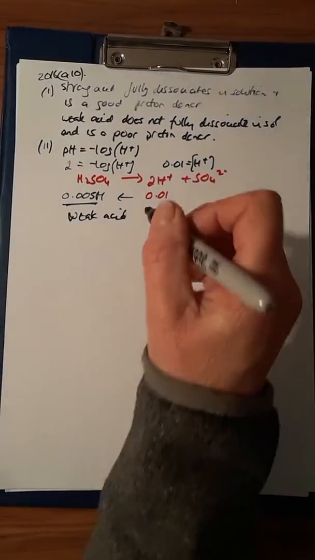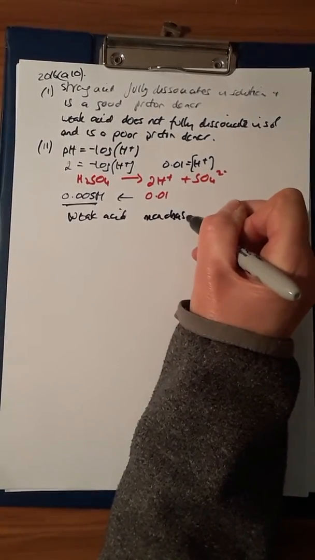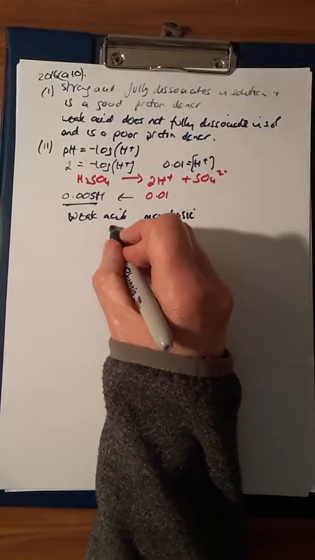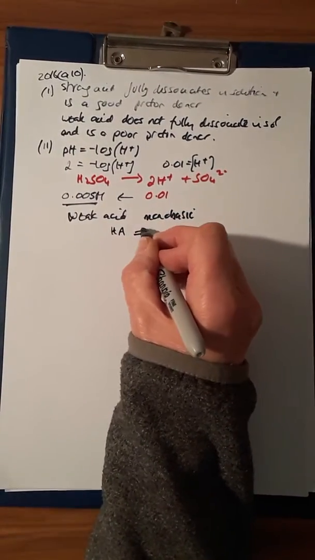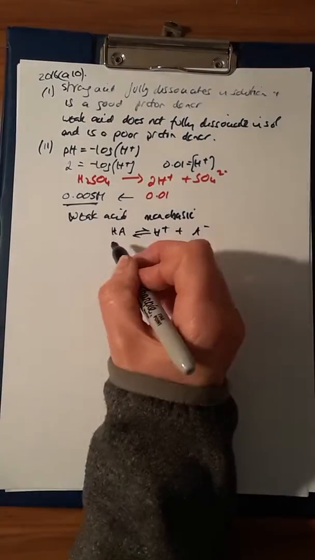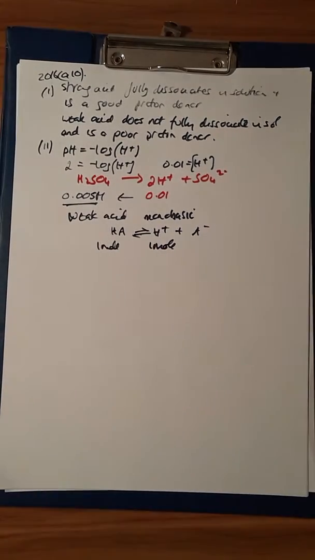I'm going to pay attention to the fact that they told me it was a monobasic acid. That means only one H plus is donated. So for any monobasic acid, that will give me an H plus and an A minus. So that just means that 1 mole of HA will give me 1 mole of H pluses.